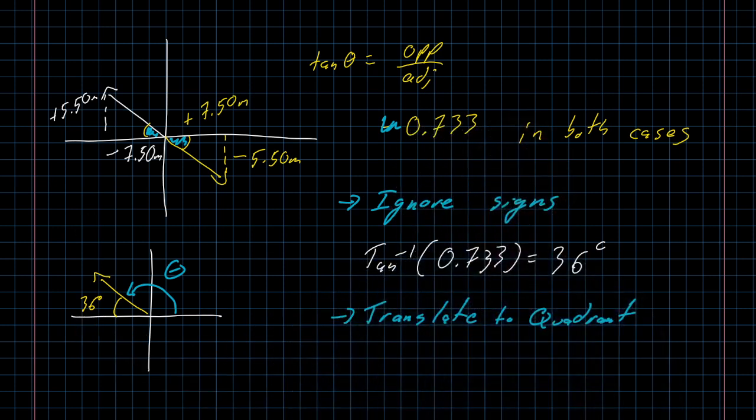So if I take the 180 degrees, that would be all the way to the negative x-axis, and subtract the 36 degrees where we didn't quite make it, we get that this angle theta is 144 degrees.